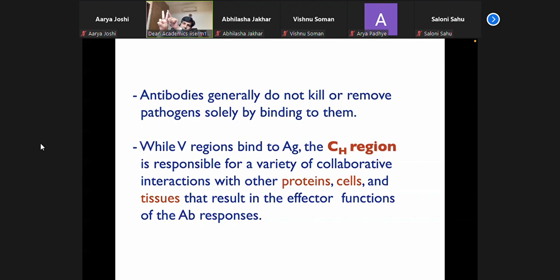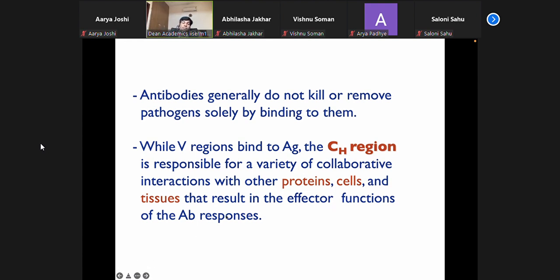The variable region binds to antigen, and the constant region, particularly the CH region, is responsible for a variety of collaborative interactions, which involve many proteins and cells, and if this reaction takes place, for example, in extracellular spaces or tissues, that results in the effector function of antibody molecules.